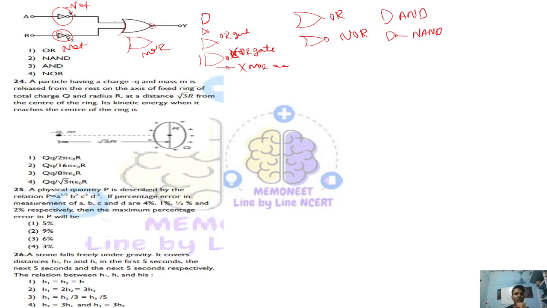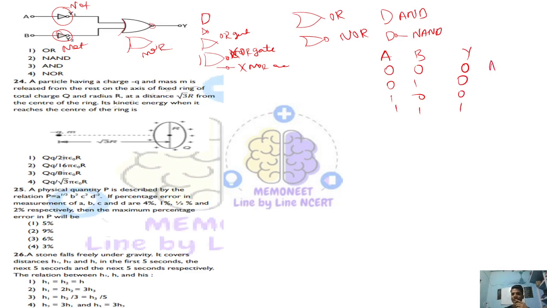Okay, here it is asking what the equivalent circuit becomes. You simply need to make a truth table. You have A, you have B, and you have the final output. Let's suppose you take the inputs 0 and 1, and so on, and for 1 1 it becomes 0, and for the other inputs it becomes 1.